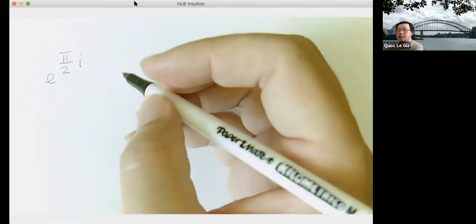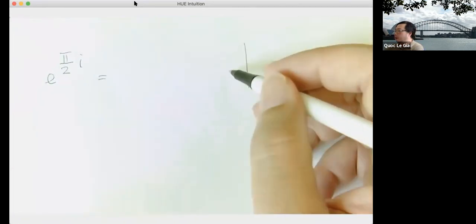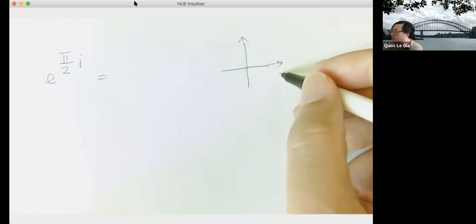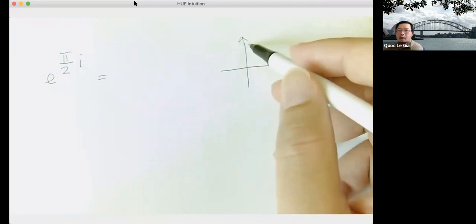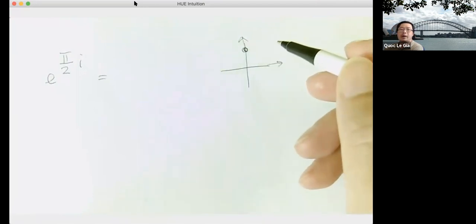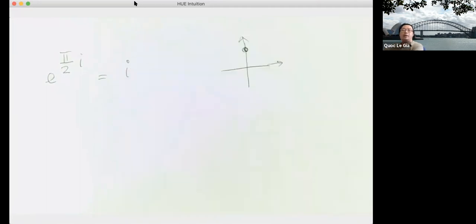And if you remember, this is just an Euler formula, right? So when you plot it on the complex plane, so this is the real and imaginary axis, and e to the pi over 2i is just this point. Okay, so just i. That's why when you put it in MATLAB, it gives you i.